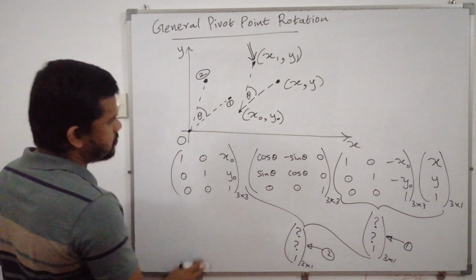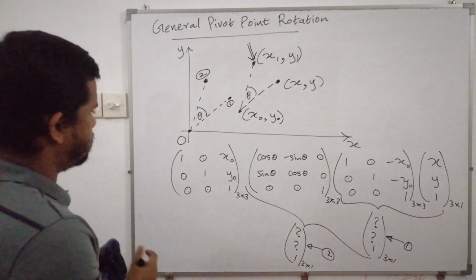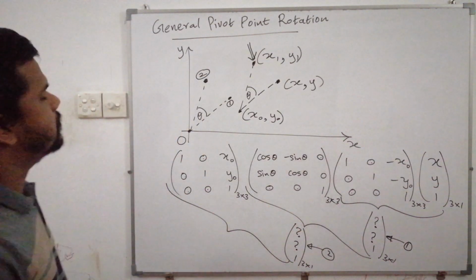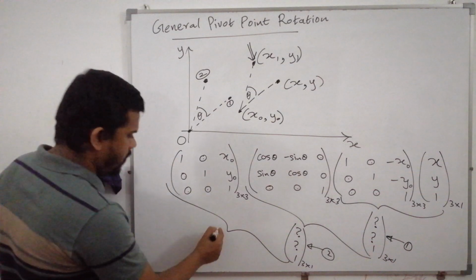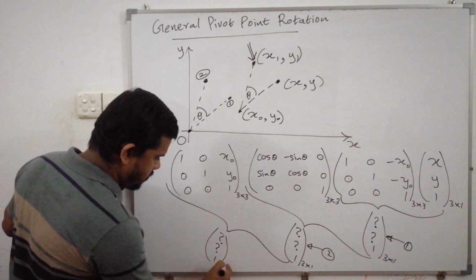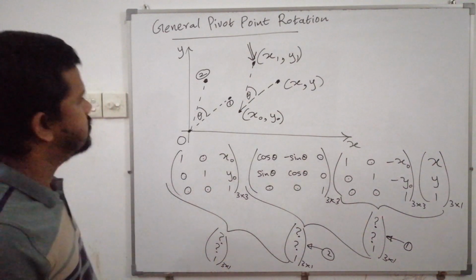Now if we multiply these two, you will get a point, let's say 3 cross 1.